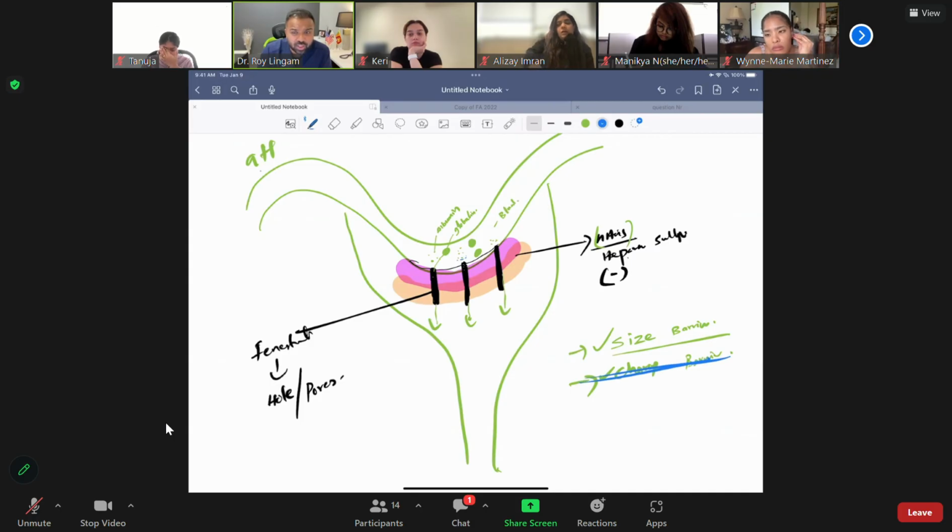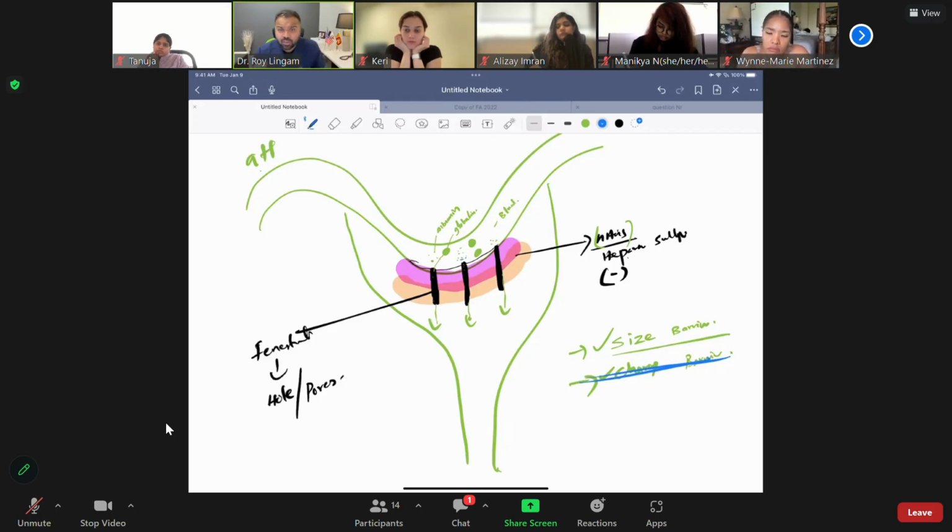Does that make sense, folks? So how do I write that? I'm not going to just say albumin. I'm going to say selective albuminuria. Selective albuminuria means in this patient, they only have albumin, nothing else. So the minute a patient has selective albuminuria, you should know nothing happened to the size, only they lost the charge. Is everybody clear, folks?